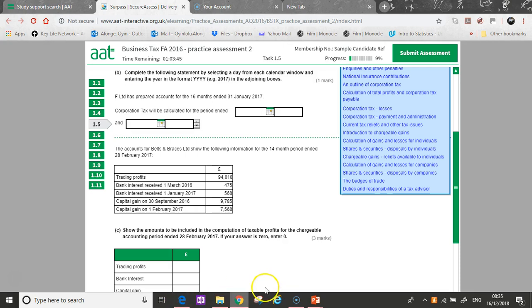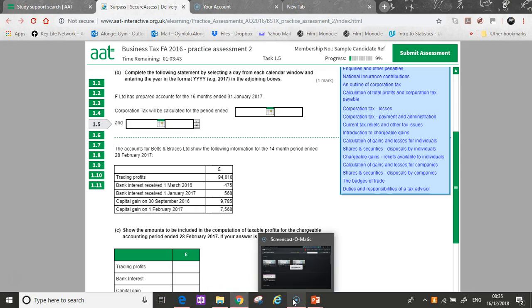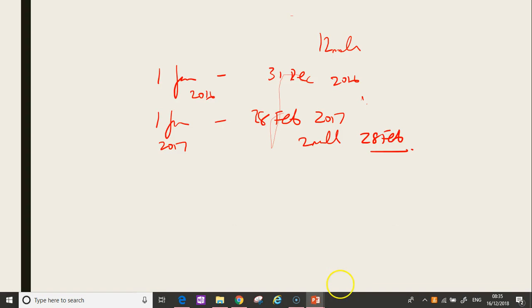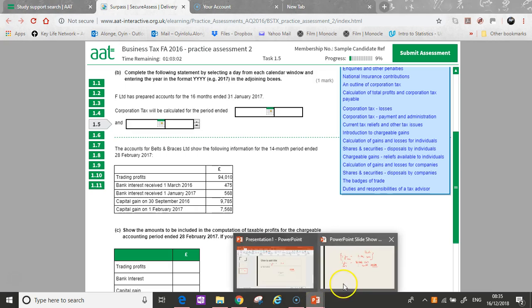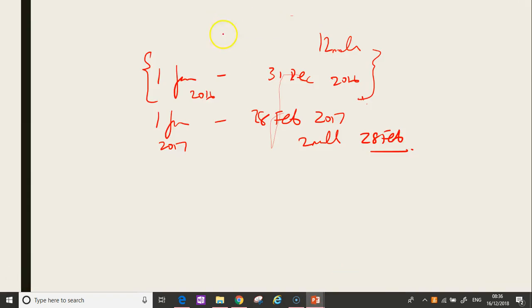So now look at this. The first period here, this period here, will be in the... I think what you have to be really careful of is the way the question is slightly phrased.